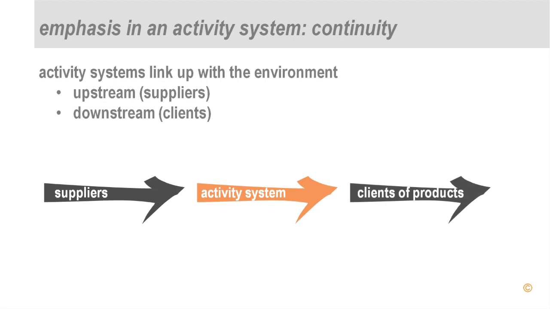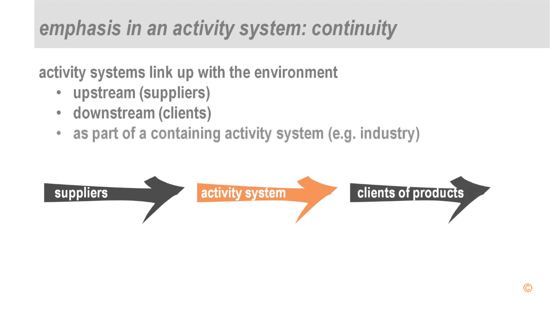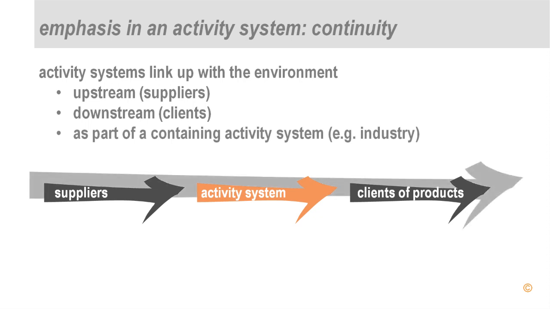And of course, the whole industry exists within an overarching activity system that we often call an industry or a public institution or a function. If there are changes associated with our suppliers and customers, as well as the industry as a whole, then obviously our orange system is affected by this and needs to respond to those changes.